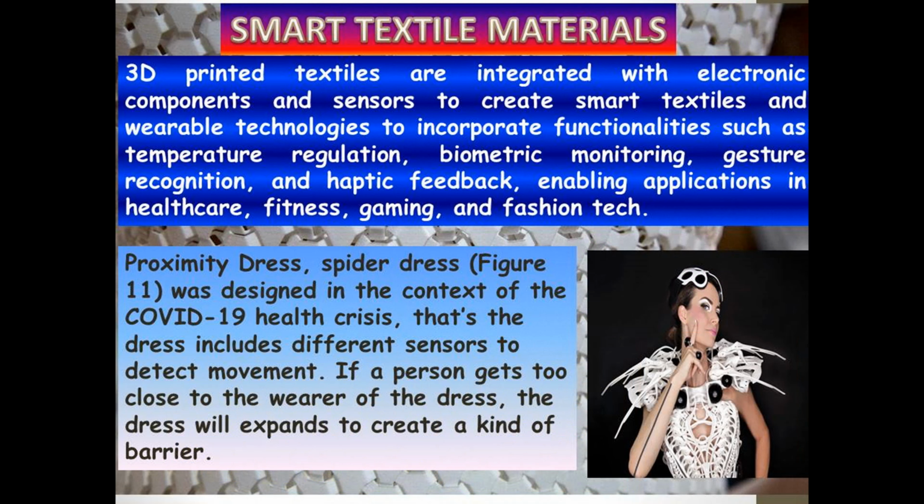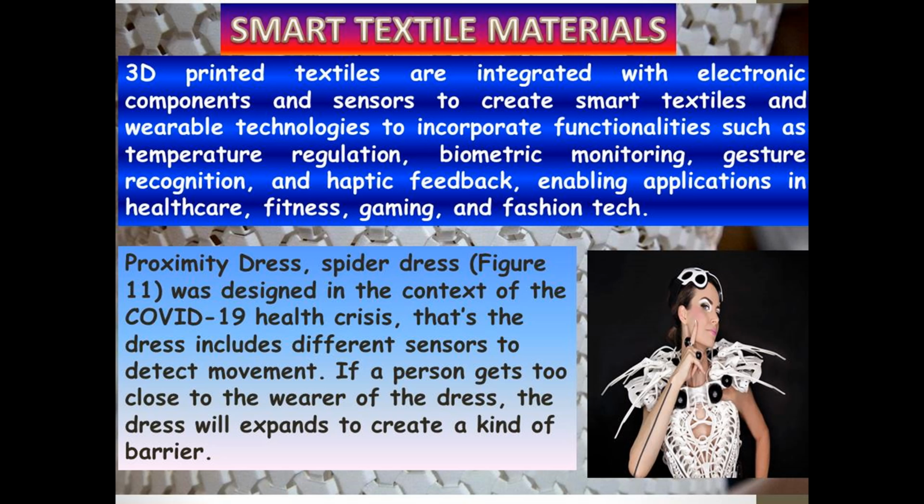Smart textile materials. 3D printed textiles are integrated with electronic components and sensors to create smart textiles and wearable technologies to incorporate functionalities such as temperature regulation, biometric monitoring, gesture recognition, and haptic feedback, enabling application in healthcare, fitness, gaming, and fashion technology.